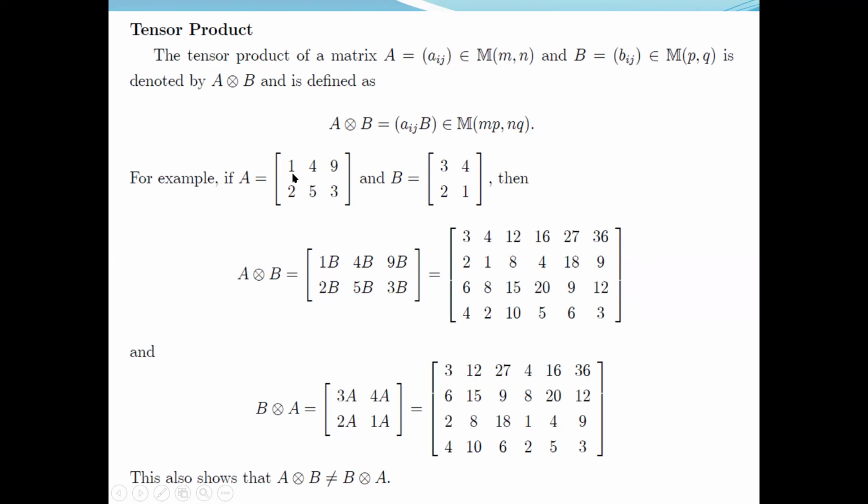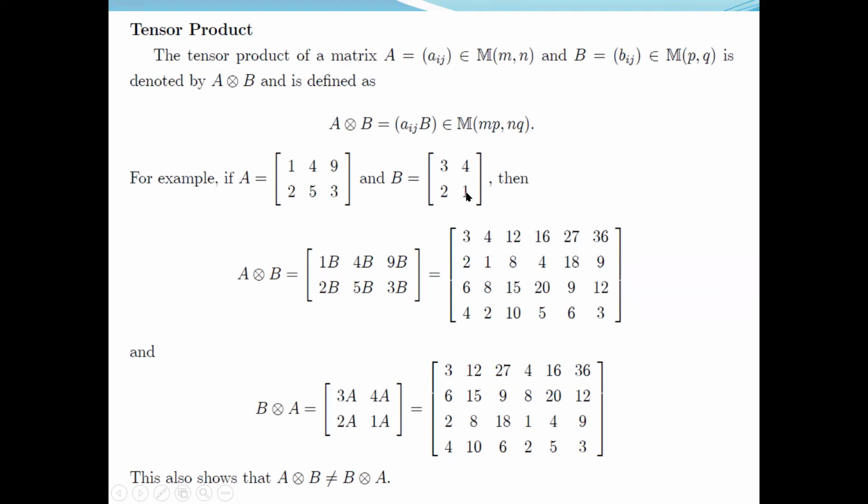For example, this matrix A and this matrix B. Then the tensor product is multiplying each entry here by B: 1B, 4B, 9B, 2B, 5B, 9, 3B. This is then the tensor product A cross B. Now again, next we have to use scalar multiplication, that is multiplying B by 1.